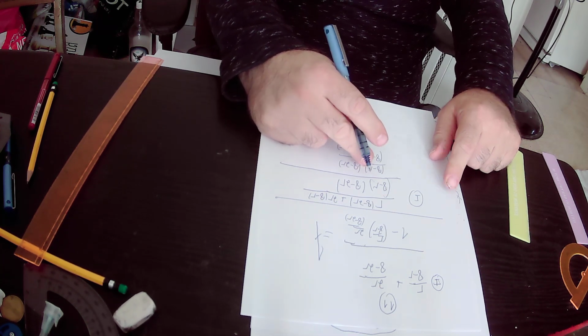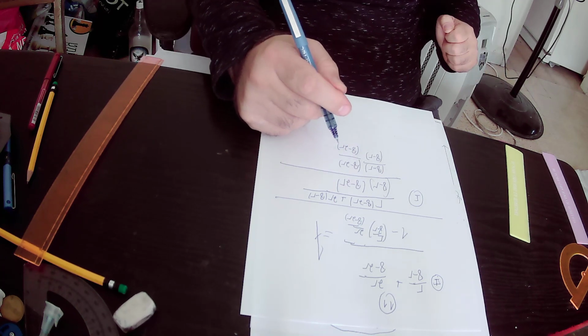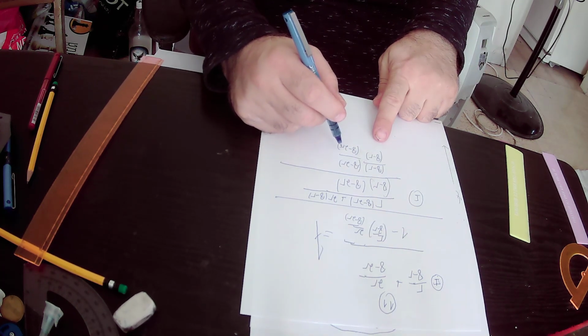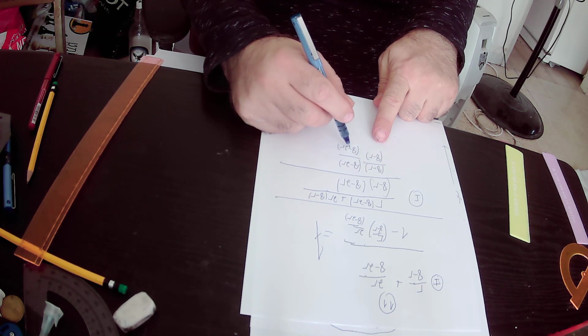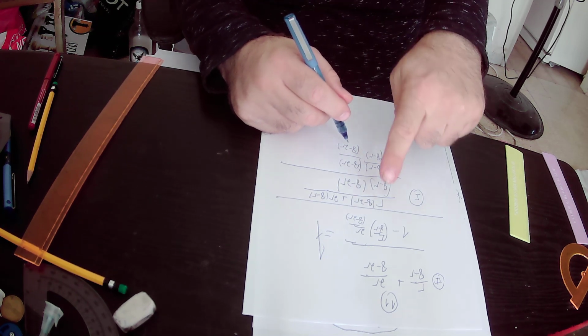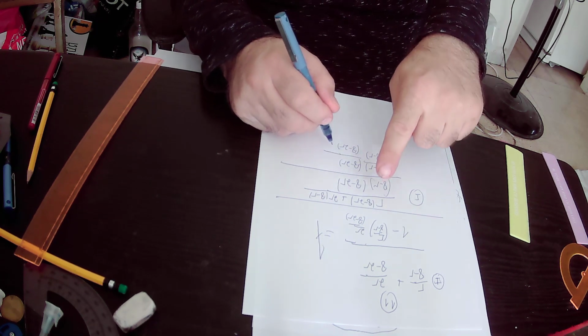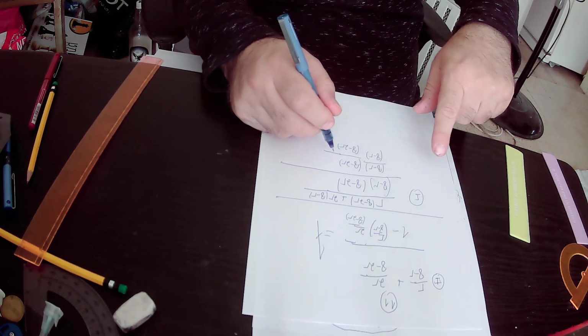So actually this expression equals to 1. Now we have a common factor. This is 1, we have a common factor with this expression. Okay, and what we have in the numerator, we have 2r squared.